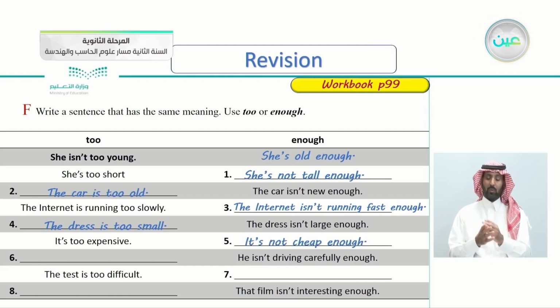Number 6, he isn't driving carefully enough. So how do we use too here? Giving the same meaning. Yes, he's driving too dangerously or too recklessly. The test, number 7, is too difficult.